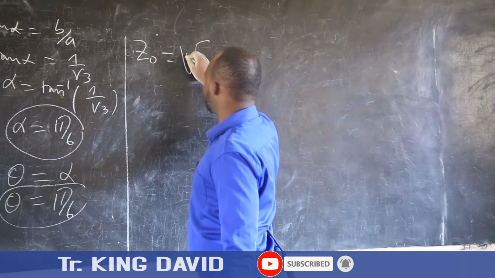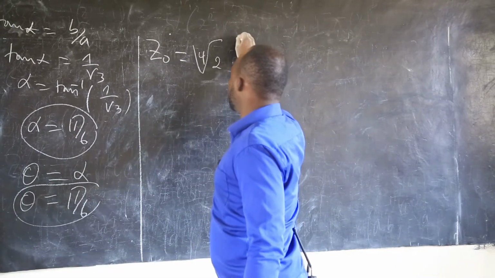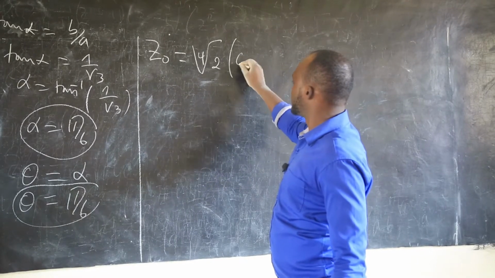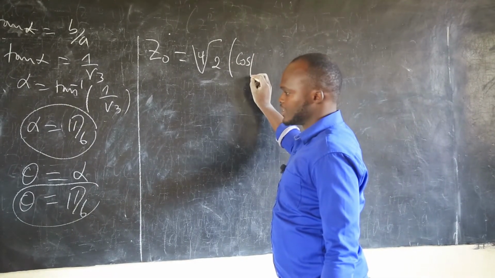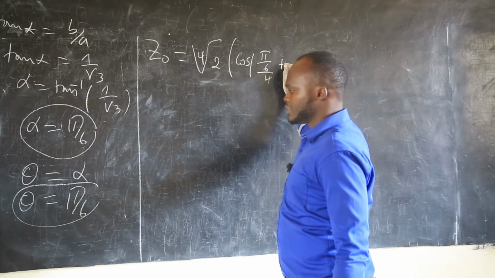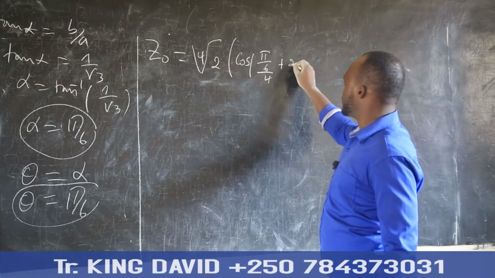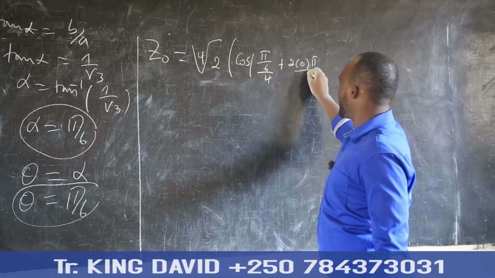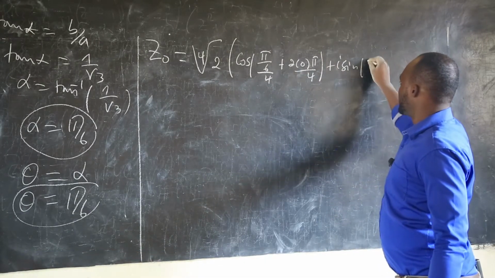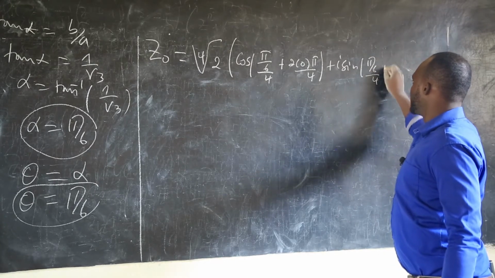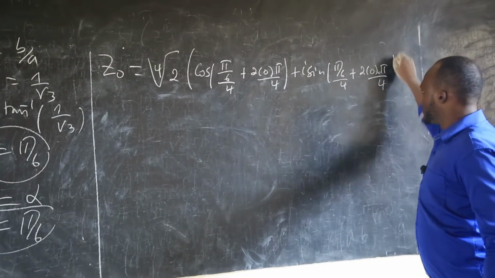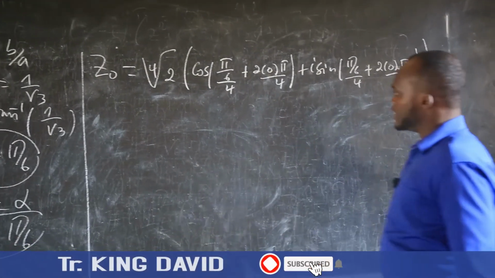So z0 equals the fourth root of 2 into bracket cos of pi over 6 divided by 4 plus 2 into bracket 0 pi over 4, plus I sine of pi over 6 divided by 4 plus 2 into bracket 0 pi over 4.